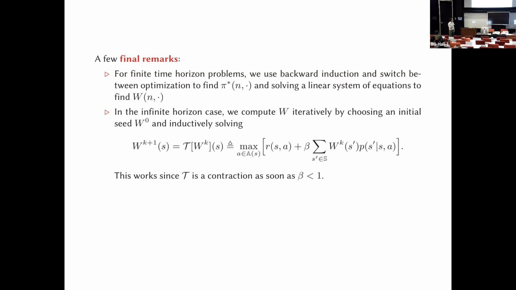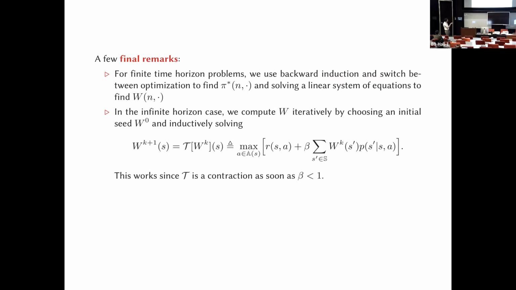In other words, Banach's fixed point theorem will tell you that if you start with a W0, compute the right-hand side, this gives you a W1, and you continue like this, this will converge to a fixed point of that operator. And then you have your value function. And once you have your value function, you can compute the policy.